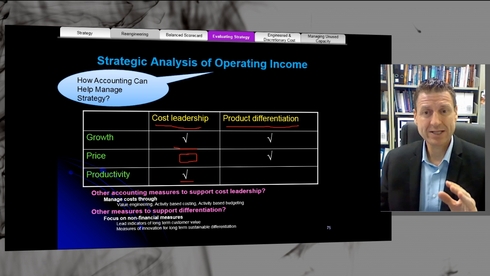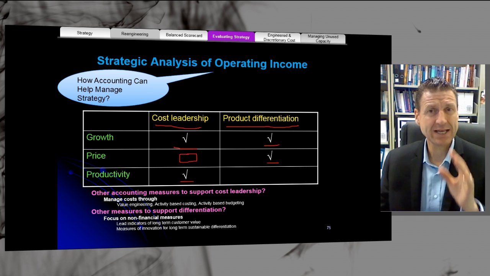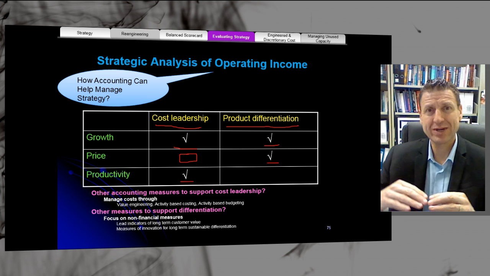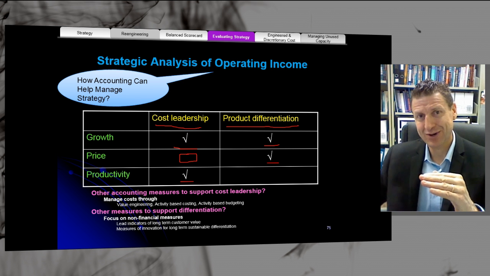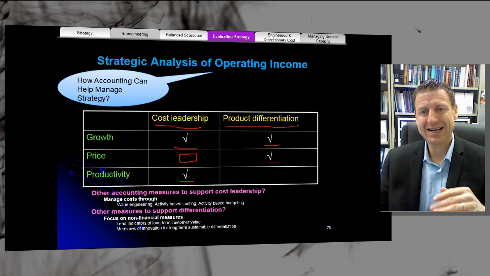Whereas if you're following a product differentiation strategy, then it's growth that you're after, and it's price growth that you're after. You're actually looking to grow the price of your product over time, not diminish the price over time. You see that? And it's not necessarily productivity.